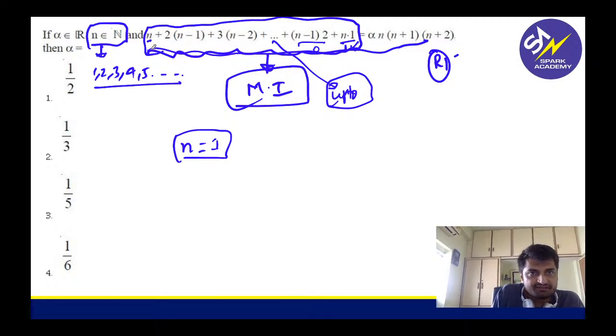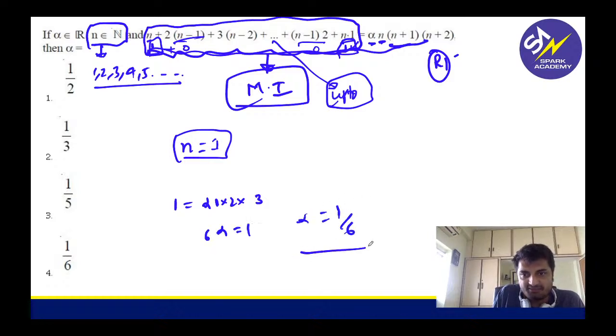If I am substituting, this is 1. This will be 1 minus 1, 0. So we are getting up to 1. That means only first term I have to take. Correct? So if I take 1 here, I have to substitute 1 also in the RHS. So what is this? This is also 1. 1 plus 1 is 2. 1 plus 2 is nothing but 3. So 6 alpha is 1. So alpha is 1 by 6.